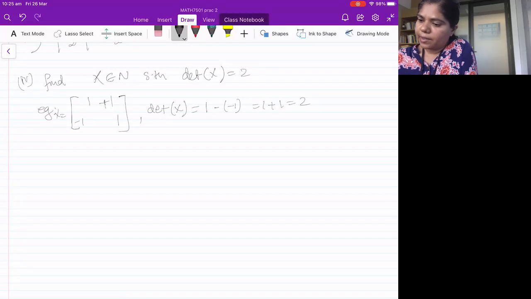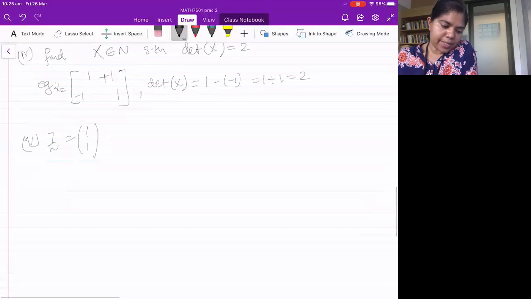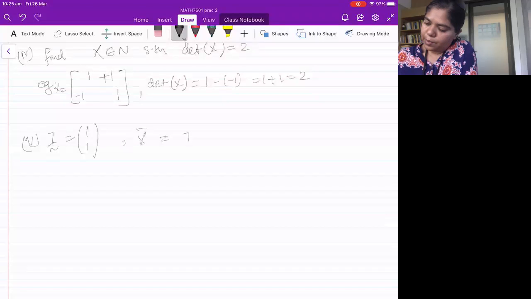The next one is part 5. Consider the column vector 1, whose entries are all 1. Now for any 2 by 2 matrix X, denote X bar as the transpose.